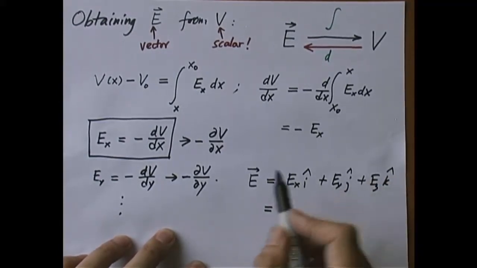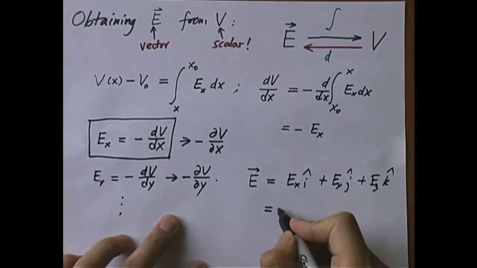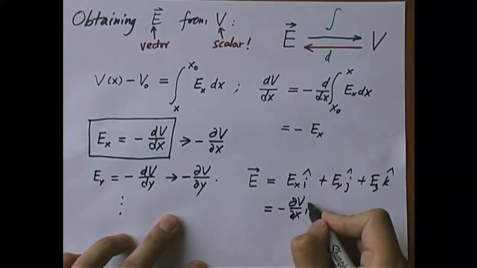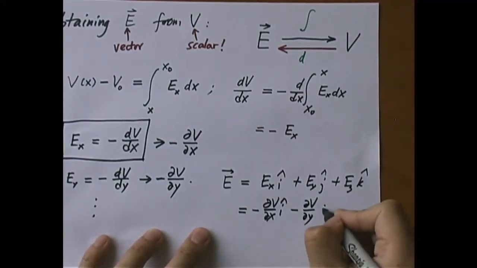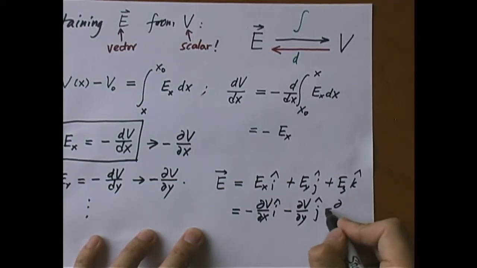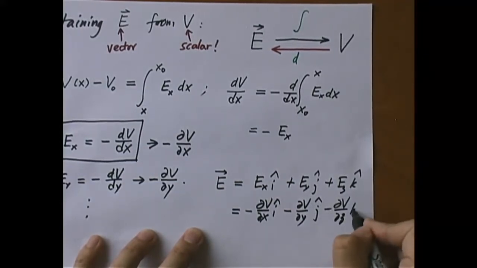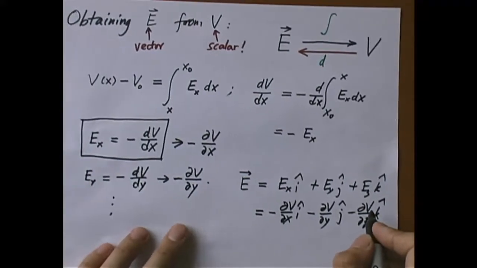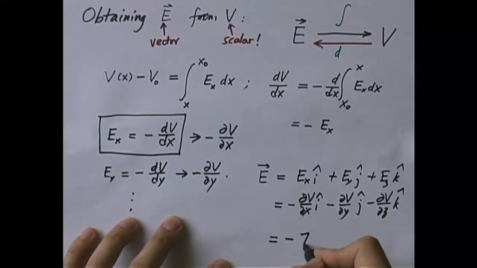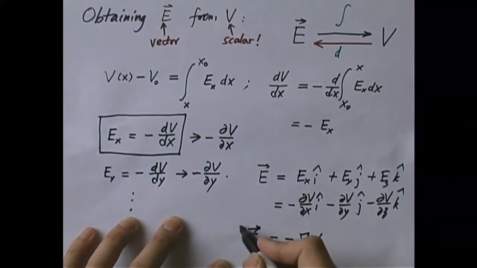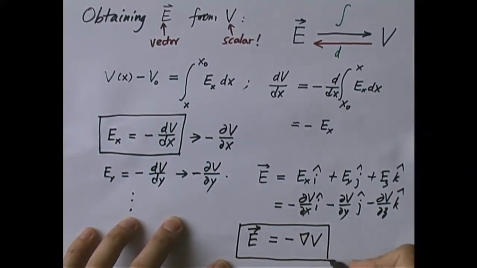The x direction is negative partial V partial x, so it's negative partial V partial x i, and then minus partial V partial y j, and then minus partial V partial z k. As you recall from your calculus class, I can write this using the gradient operator, negative gradient V. So finally, in the three-dimensional case, E equals negative gradient V. This is how you get the vector E field from a scalar V field.